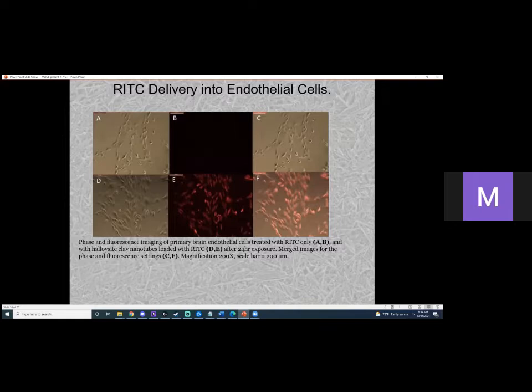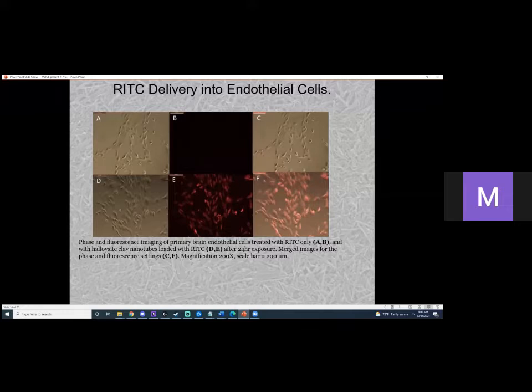So we can see that the fluorescence is so much greater with halocyte because we believe the halocyte is binding and partially penetrating into the endothelial cells, causing them to release the dye inside the cell nucleus and make them so bright. And we predict this because there is no coloration on the outside of the cells.